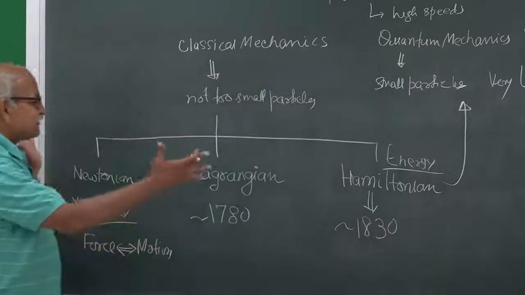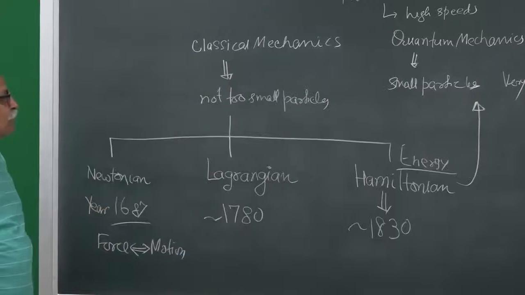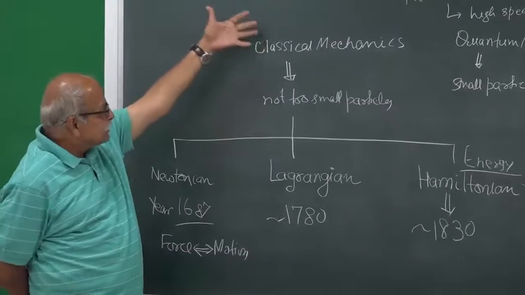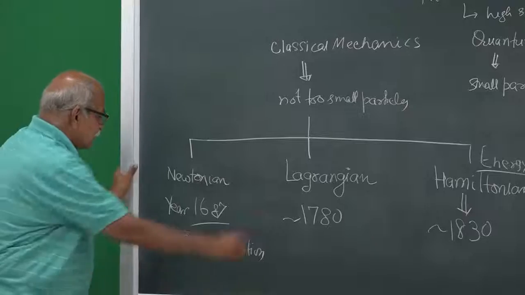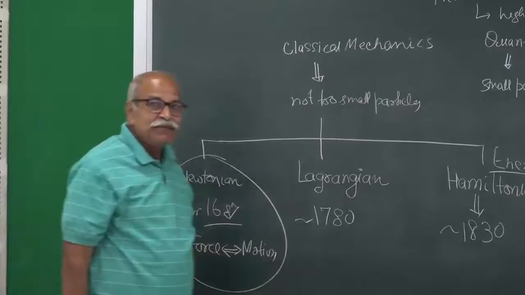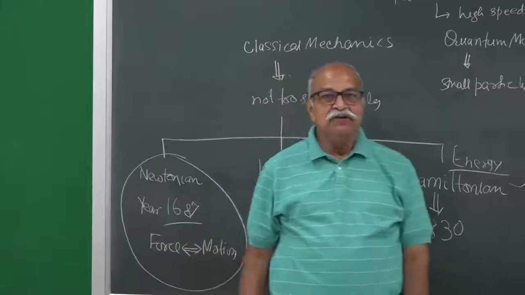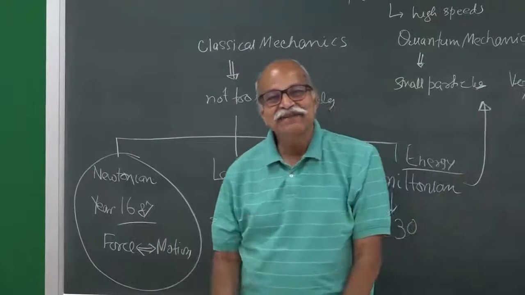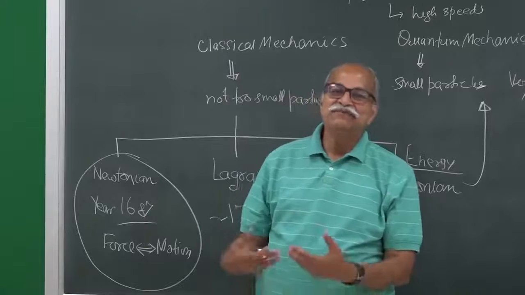These are the kind of things that we do in the name of mechanics and classical mechanics. In this particular course, we will be talking of Newtonian mechanics. We will be talking of a single particle system, the forces acting on it, and how it moves.